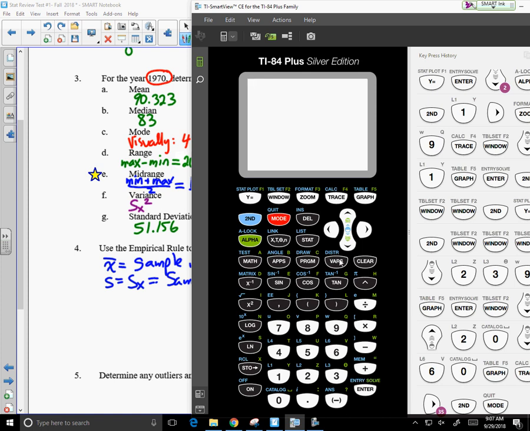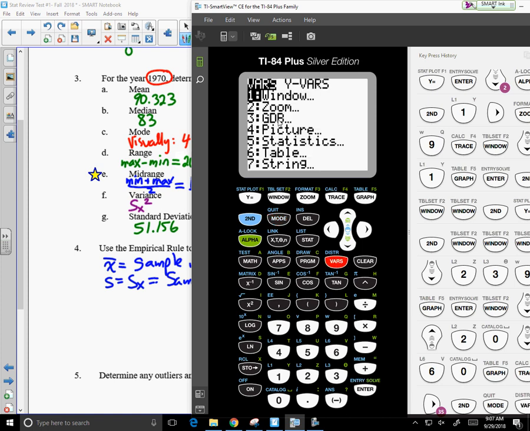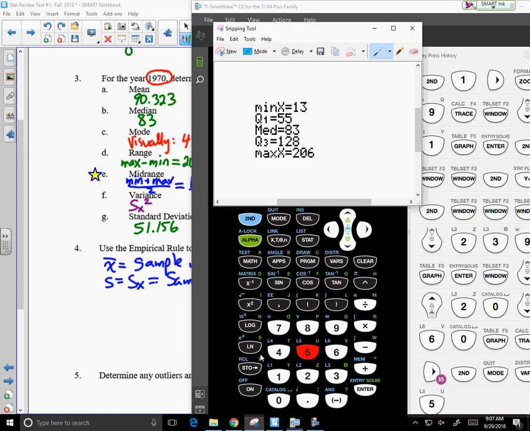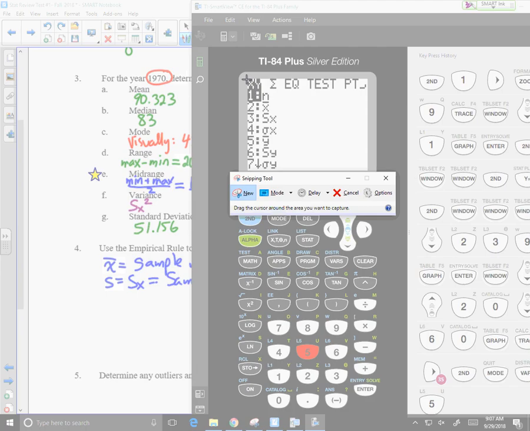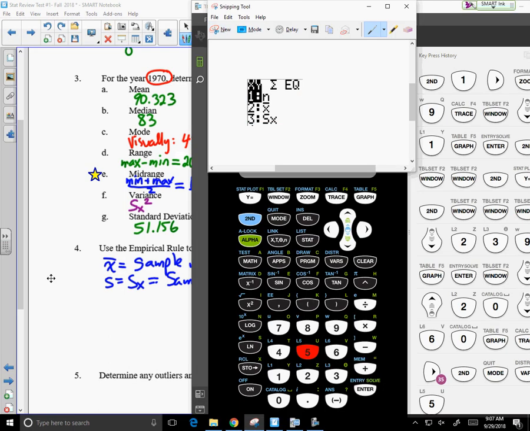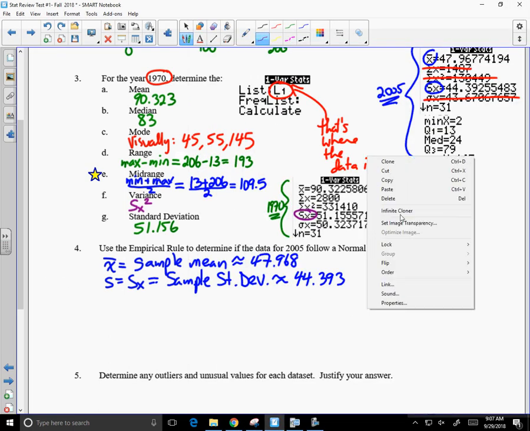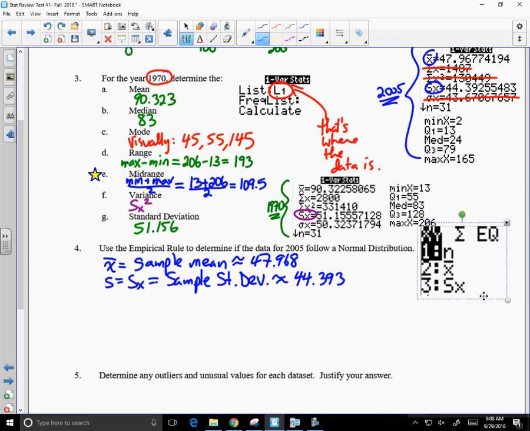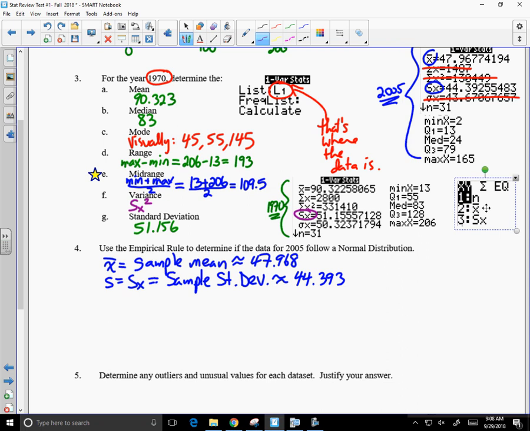So I would hit VARS, which is right next to clear, go to statistics, option 5, and select item 3. That'll put that in our home screen.